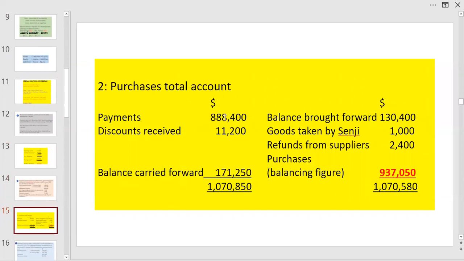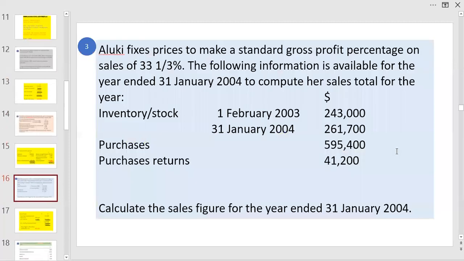Payments, discount received, and closing balance on one side, as against opening balance plus goods taken personally, drawings, and refund from suppliers for returning the goods, could be 2,400. So the balancing figure is purchases, which is 930,050.